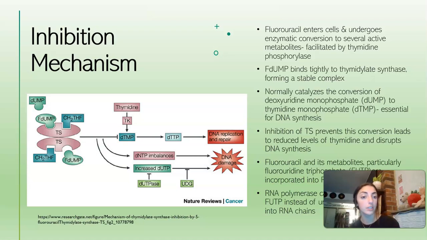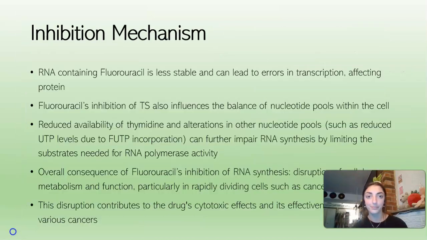So fluorouracil and its metabolites, particularly fluorouridine triphosphate, also known as FUTP, are incorporated into RNA during transcription. Then RNA polymerase can mistakenly incorporate FUTP instead of UTP into RNA chains. So the RNA containing fluorouracil is less stable and can lead to errors in transcription, which affects the protein.